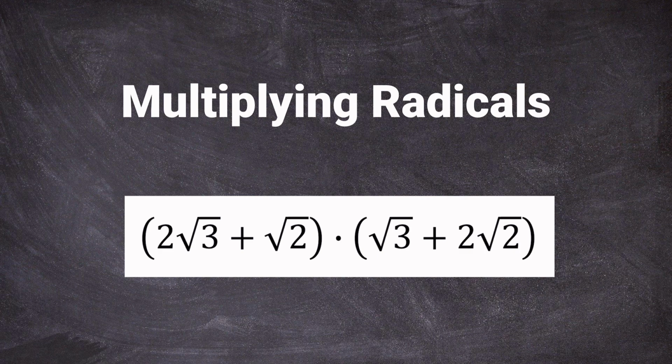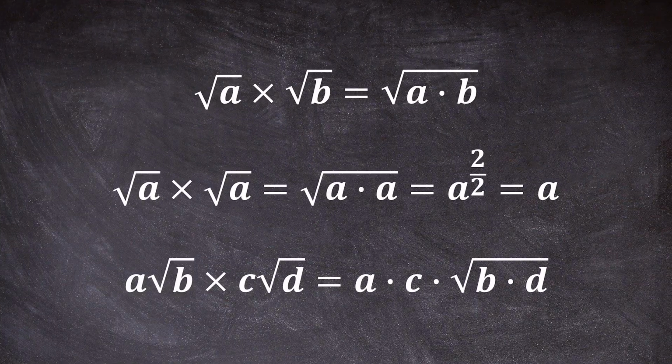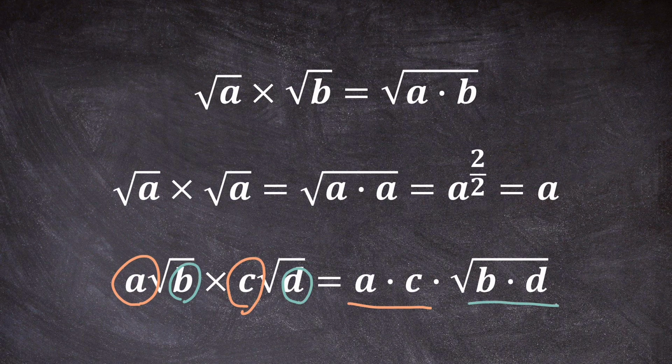Well, before we do that, there is one thing that we need to know in order to successfully solve this question, and that is if you are multiplying a square root of b times c square root of d, what you do is you multiply whatever is outside of the square roots together, and you multiply whatever is inside the square root together and put it underneath the square root sign.